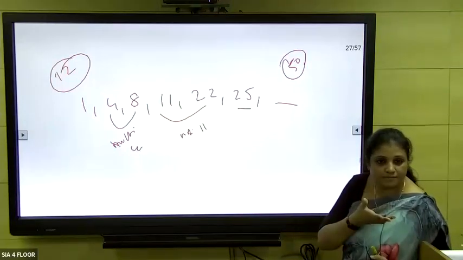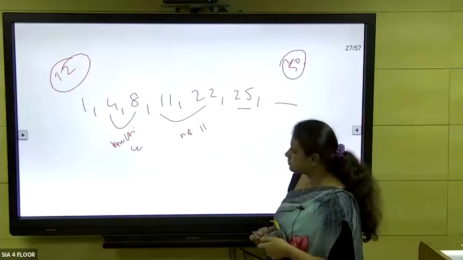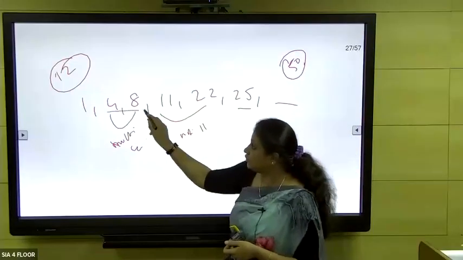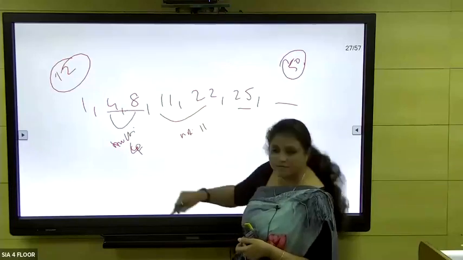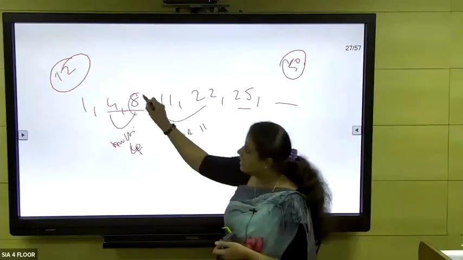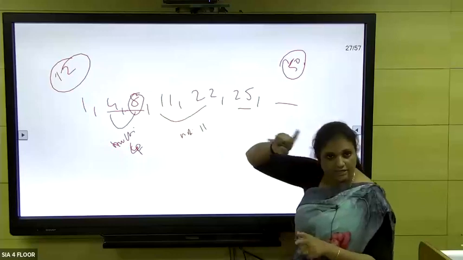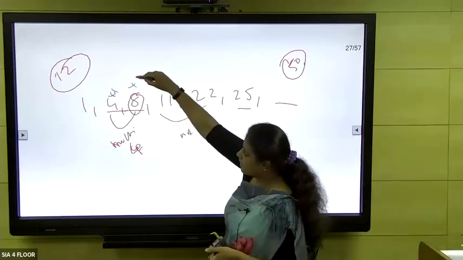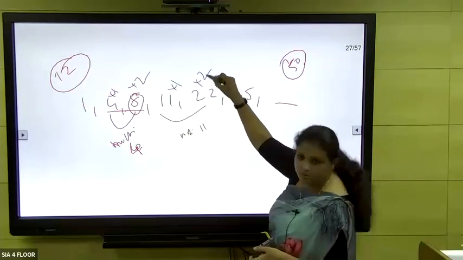You know why? See, they're telling these two numbers are multiples of 4, right? And this is the immediate next multiple, like 1 into 1 into 2, correct? So here also it's 1 into 2, correct?